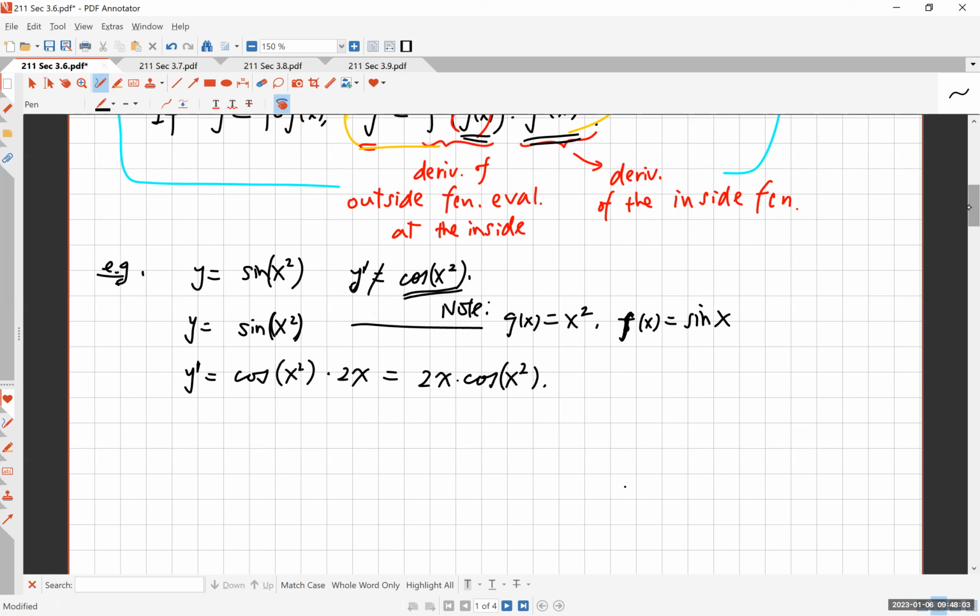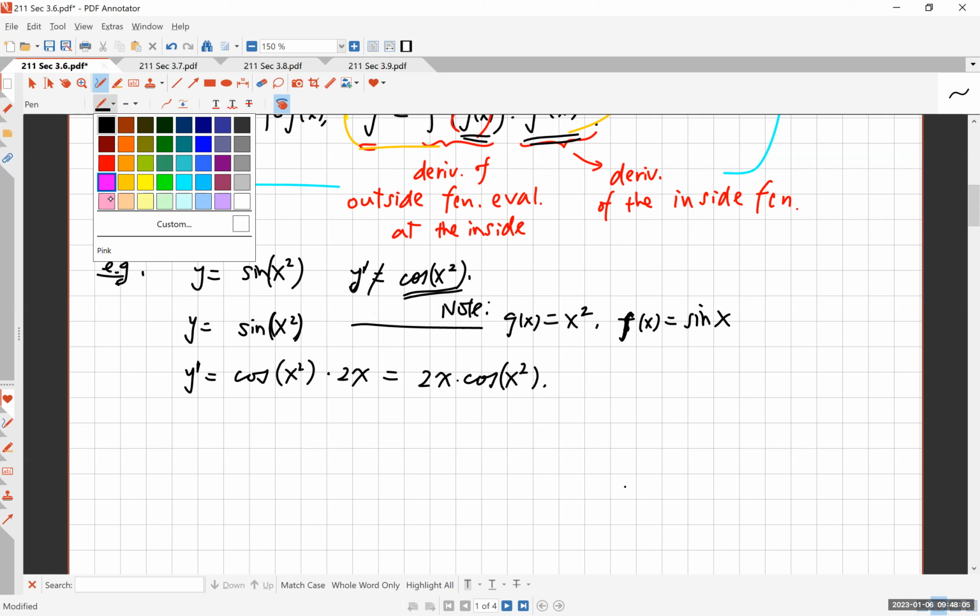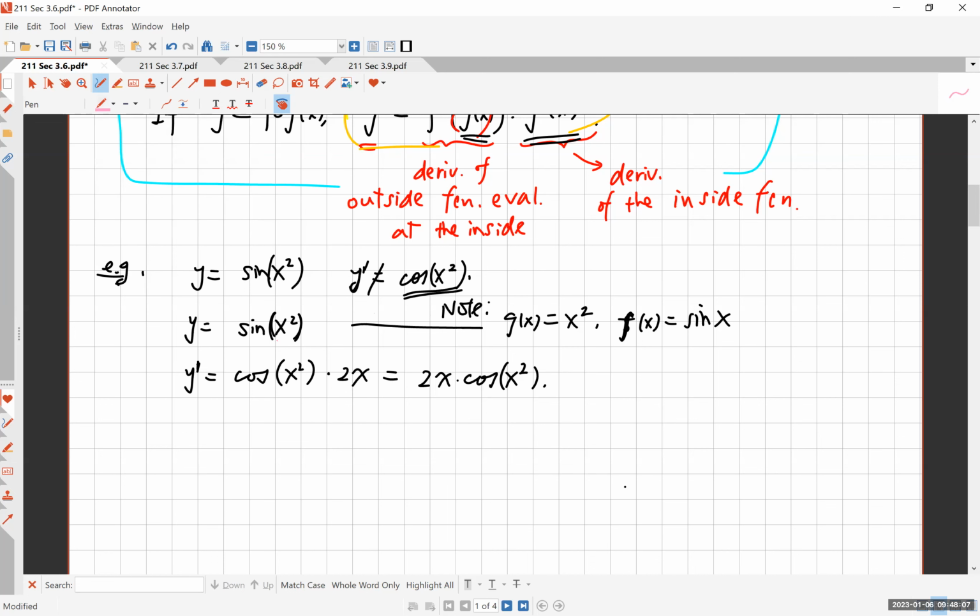Now, I have been talking about the inside and outside functions. Think of this as a blob, just an object, like a quantity. So we have sine of blob. What's the derivative of sine of blob? The answer is cosine of the blob times the derivative of that inside blob.